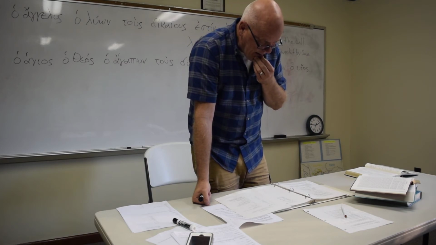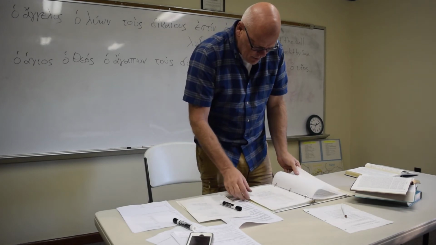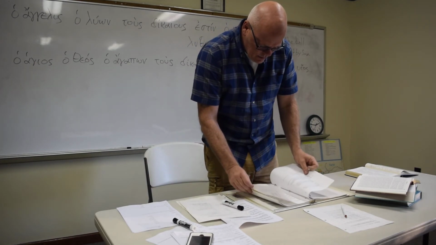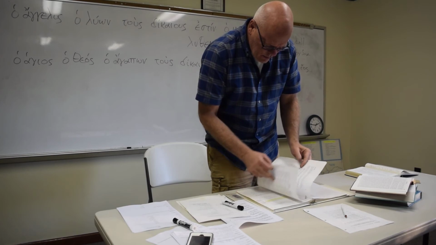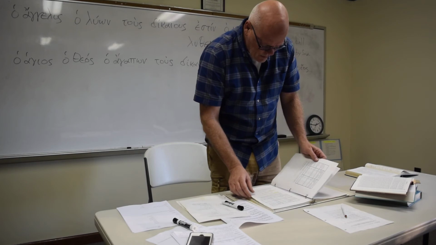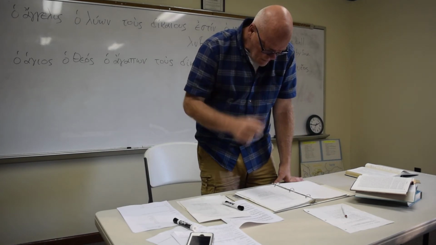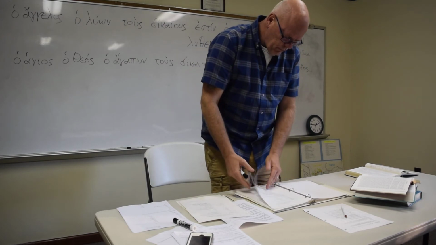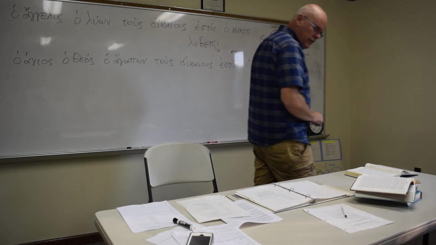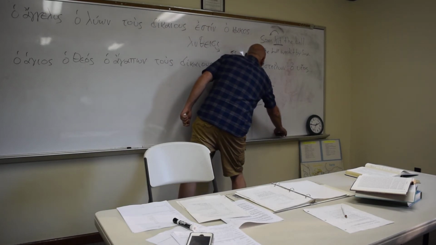Yeah, next week, right? 23, 24, and 25. Okay. Just read 23 on our own? No, because it's going to be too hard for you to do it that way.